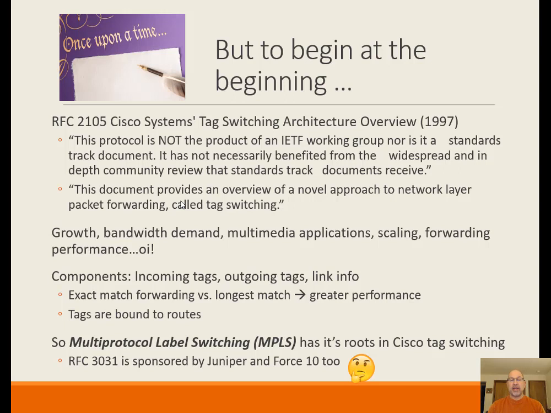This document provides an overview of a novel approach to network layer packet forwarding called tag switching. So I'll remind you of the growth, the bandwidth demand, the multimedia applications, the growth in the routing tables, and all of those things that were creating problems. And so that was sort of the motivation, the impetus behind this tag switching architecture.